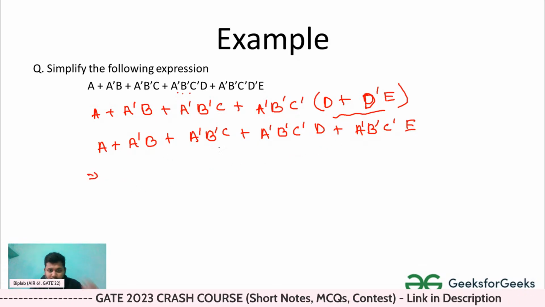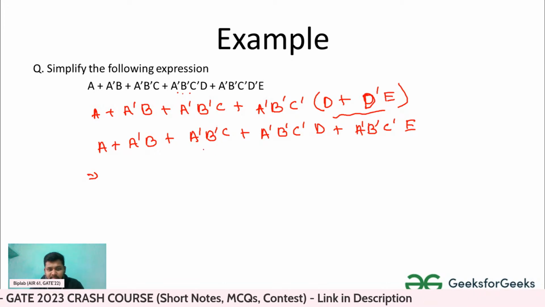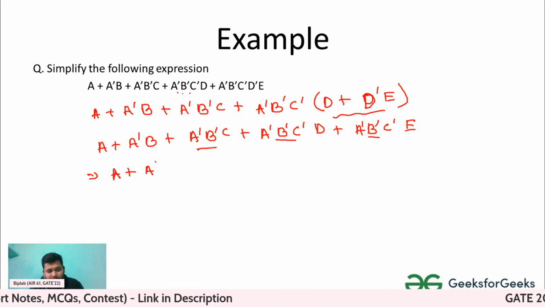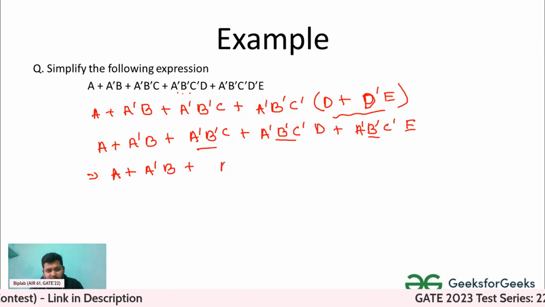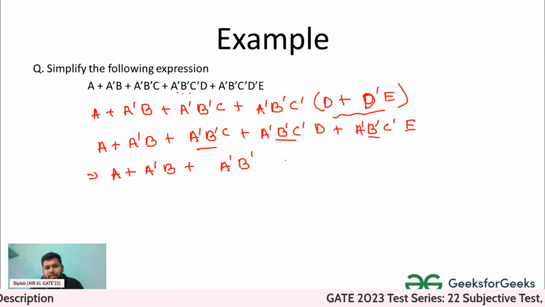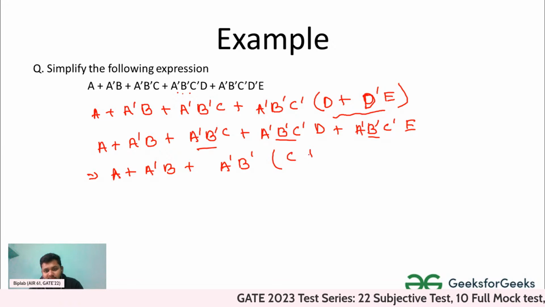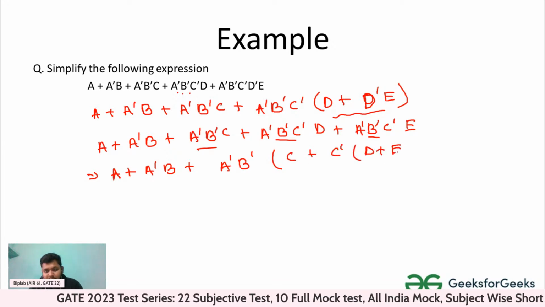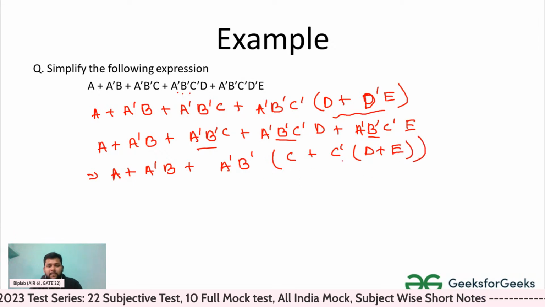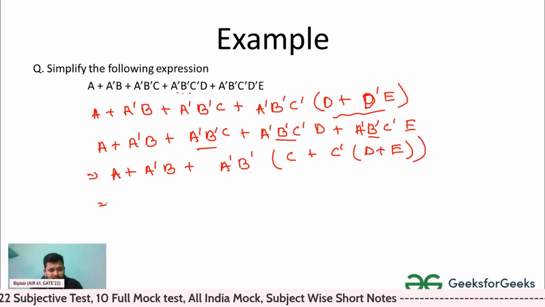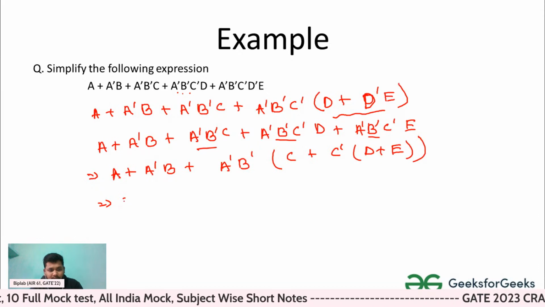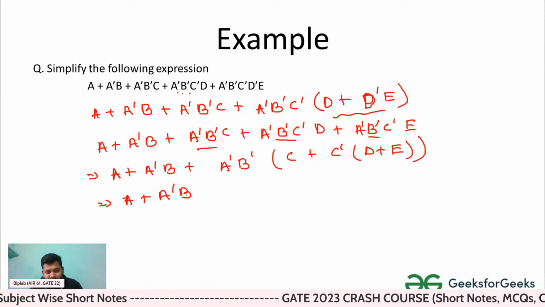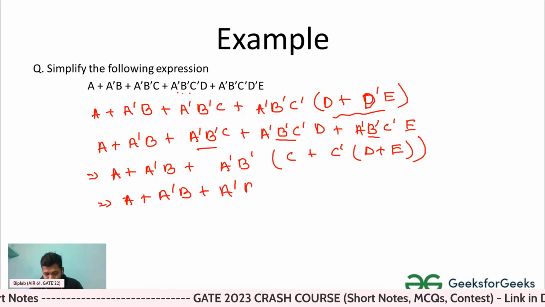So again between these you can take common: a plus a bar b plus a bar b bar c plus c bar e d plus e. If you again use absorption law, you can directly write it as a bar.